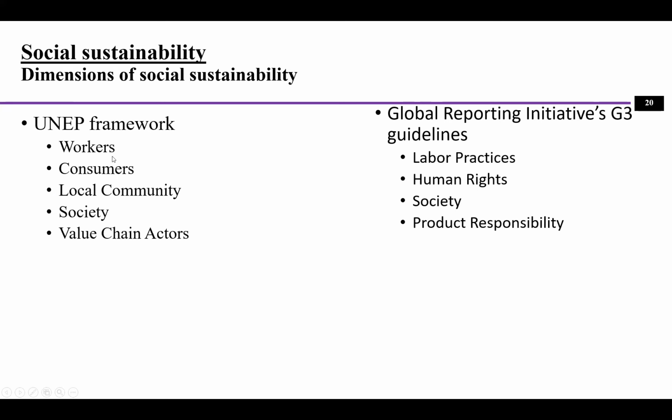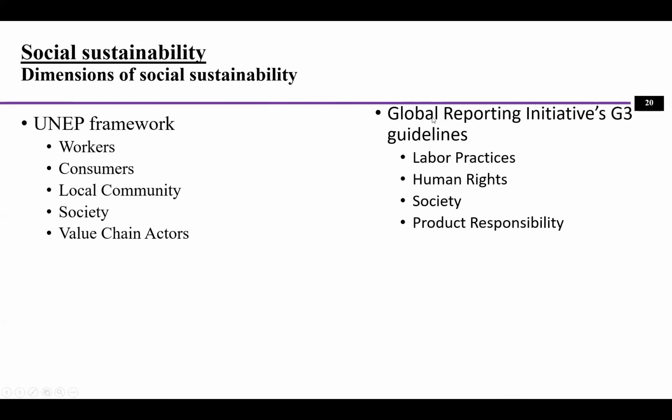The company can create a really friendly or safe working environment for their employees. And that is for the workers. And consumers means the products or the service you generated. How does that actually take social responsibility? And society, how your company actually can benefit society, and also your stakeholders, right? Value chain actors, your suppliers, your customers, maybe your shareholders.